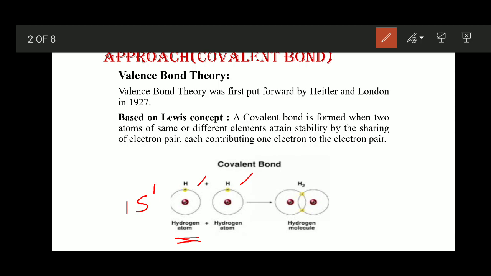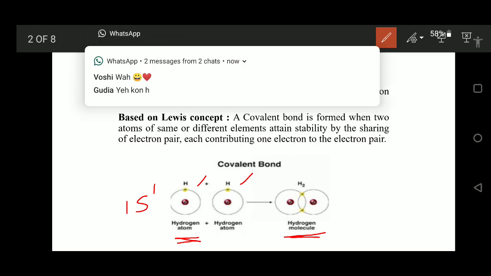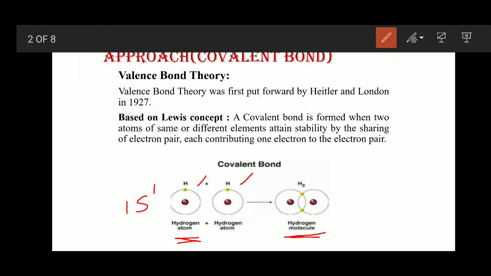So when these two atoms, of the same element or different elements, attain stability by sharing these two electrons, they are sharing one electron each. By the sharing of this electron pair, the H2 molecule attains stability, each contributing one electron to the electron pair. So this is an example of covalent bond formation.